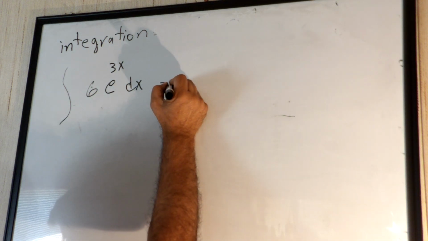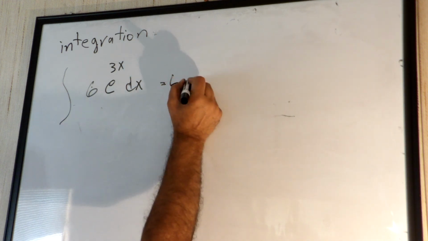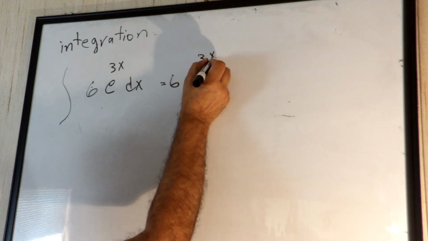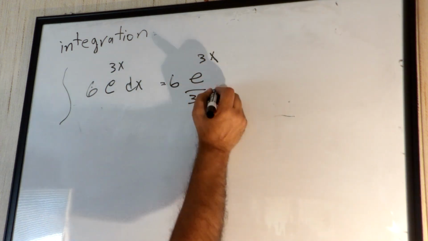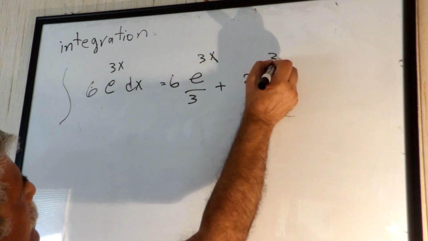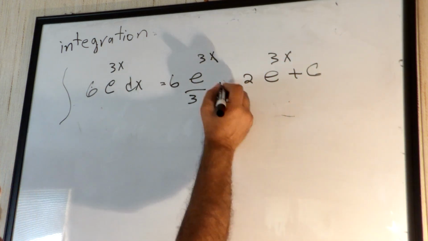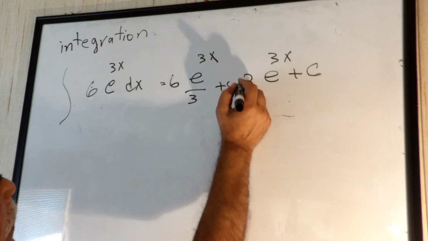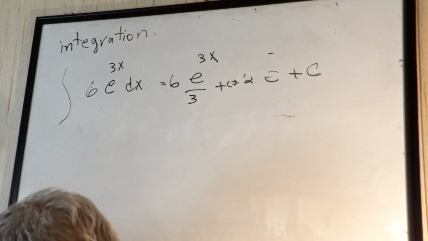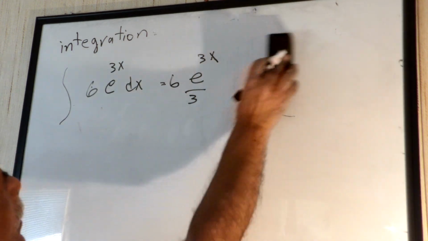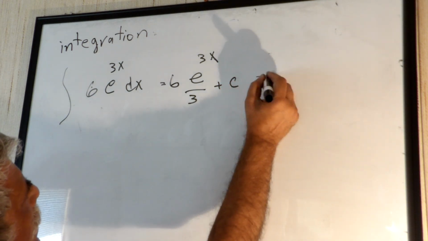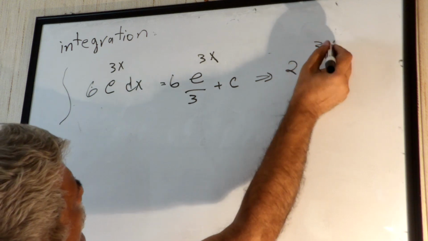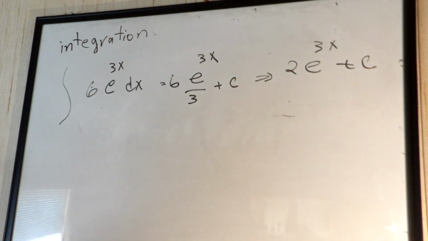We write 6 e to the power of 3x divided by 3, plus c. It's going to be 2e to the power of 3x plus c.